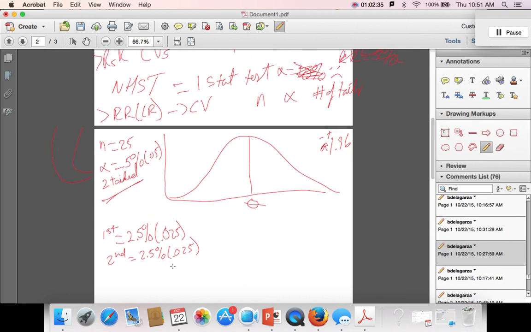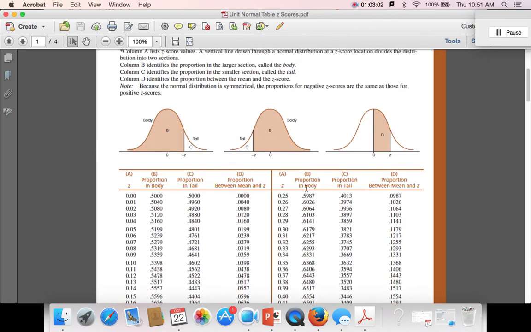So 2.5% and 2.5%. Okay, so now what do we need to find my critical value? Now I know it's a two-tail test. I know my alpha level. I know everything else that I need. What I now need to do for this example, and this only relates to our example here for Z, is this: when we talk about the t statistic, r statistic, and F statistic, I'm going to show you different critical value tables. Here I need my unit normal table.